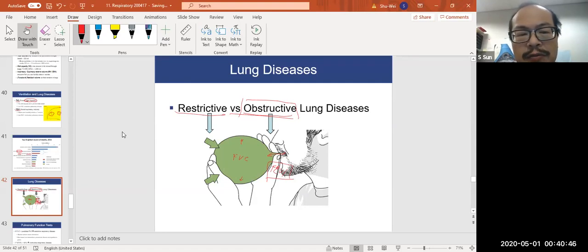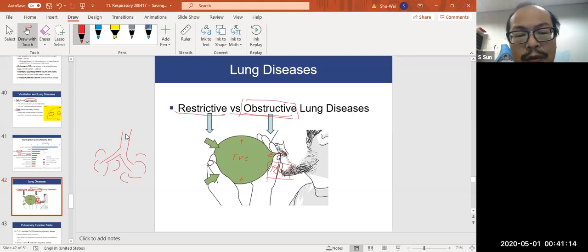A typical obstructive lung disease is emphysema, for example, or asthma is also a type of obstructive lung disease. With this air going in, the alveoli is the same, it's not affected, but the airway is affected.